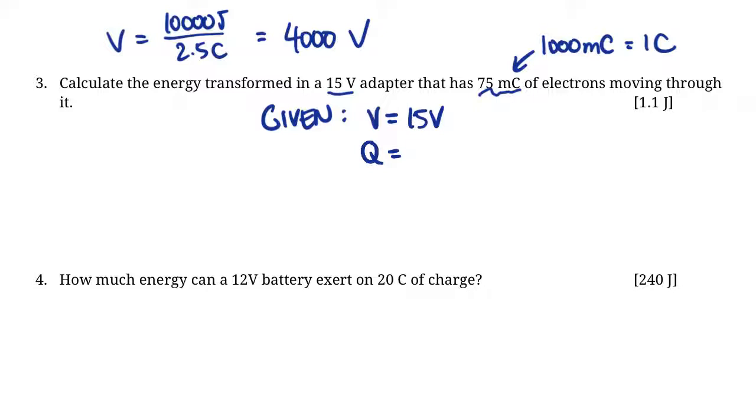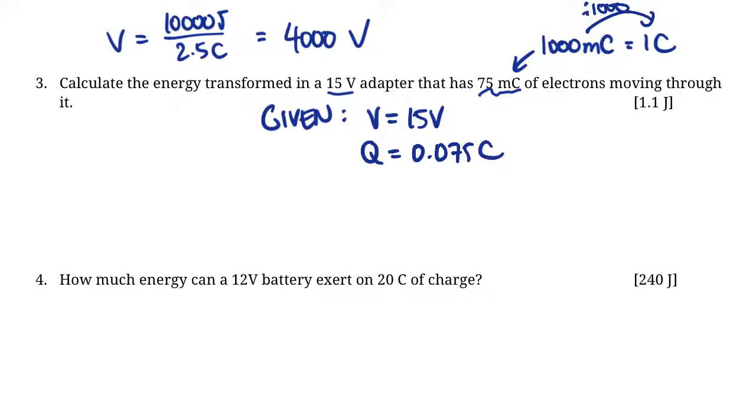Millicoulombs are a lot smaller, so when we convert to coulombs, it's going to be a much smaller number. To go from millicoulombs to coulombs, we divide by 1,000. So we're going to get 0.075 coulombs.